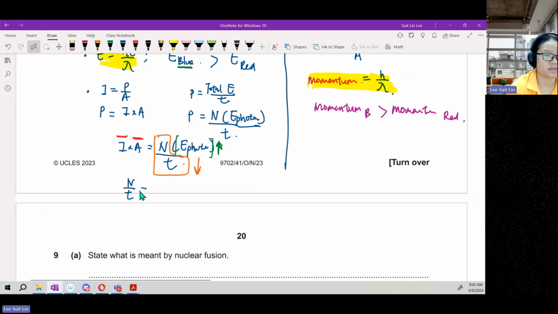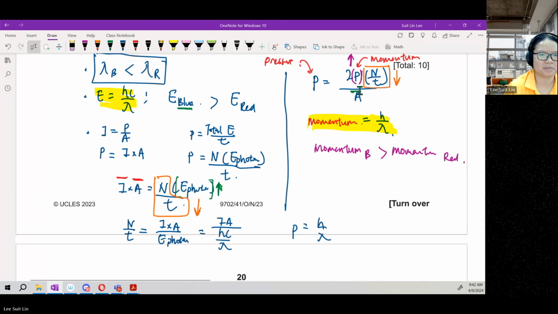N over t is equal to I times A over energy of photon. So the IA over hc over lambda is down here. But the momentum, h over lambda, is up here. Might as well just put everything together.